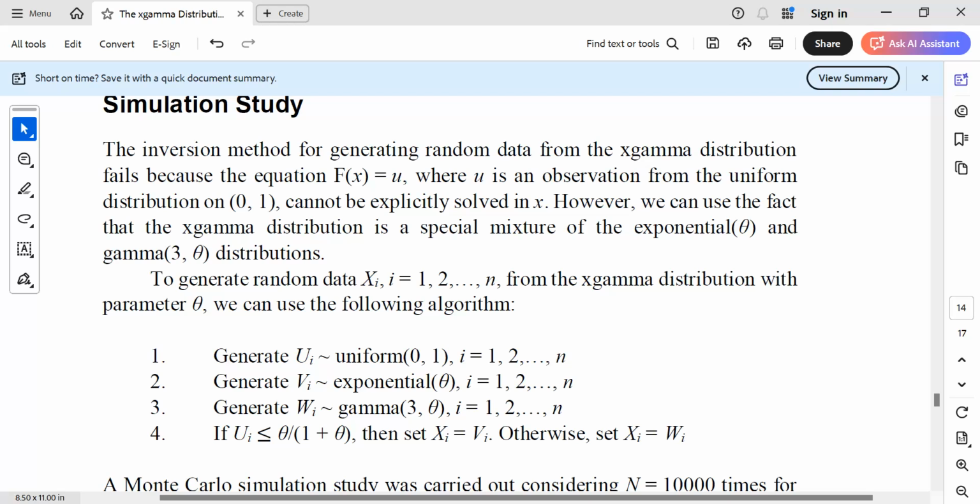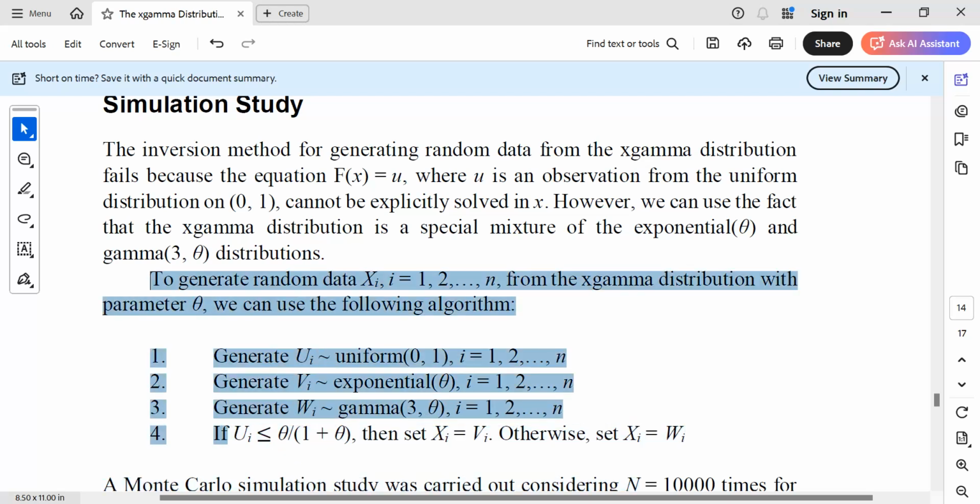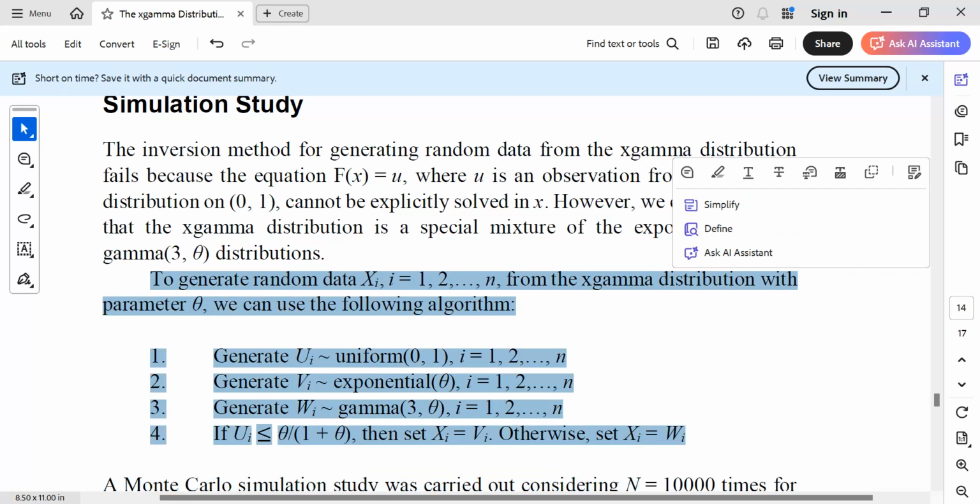As I said, now you should be in a position to be implementing procedures in R. So let's look at this. To be able to generate data x_i from the S gamma distribution with parameter theta, we can use the following algorithm. When we have an algorithm, we should be able to implement it.